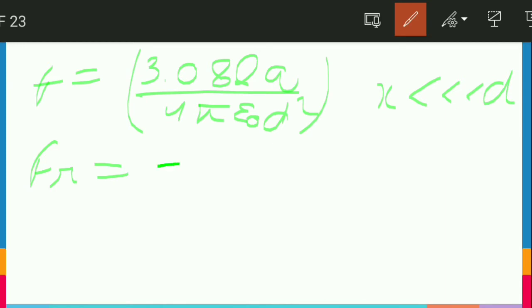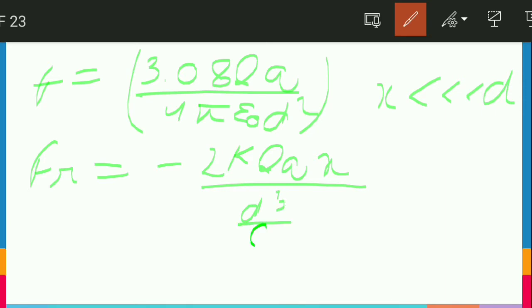So it will be minus 2kQq x upon d cube by 8, as x is very much less than d so x square gets ignored. Please look at the equation we wrote for Fr on the previous page, and ignore x there, because we have assumed it is very small.